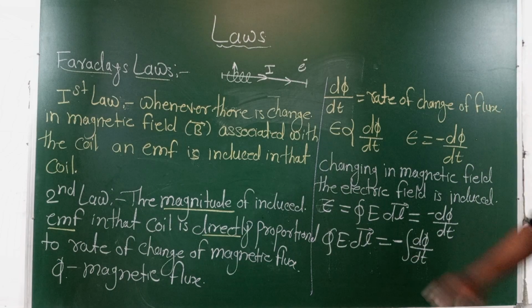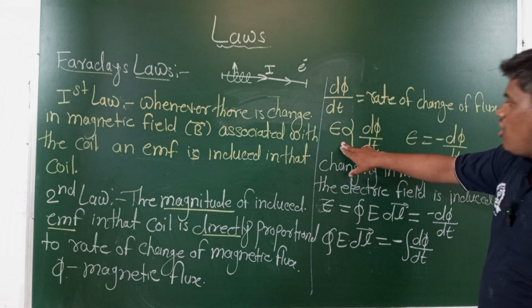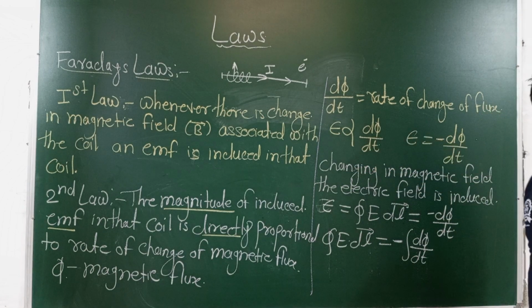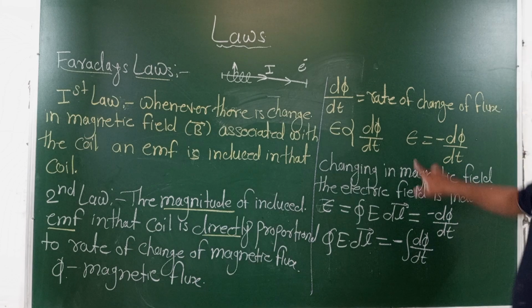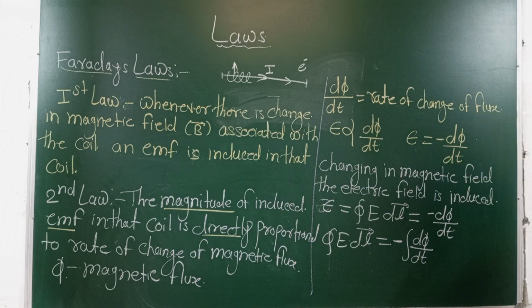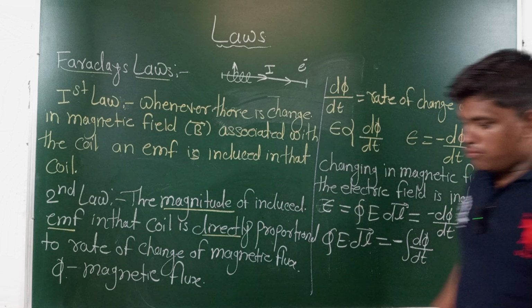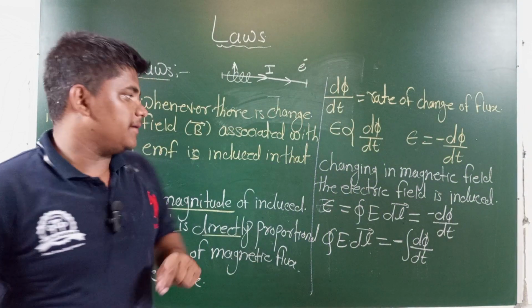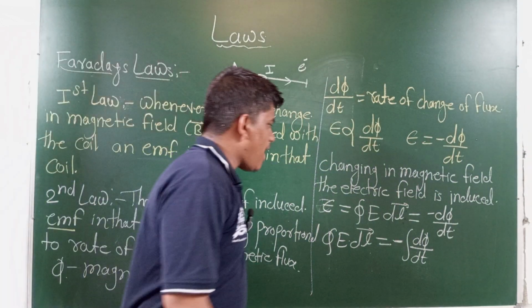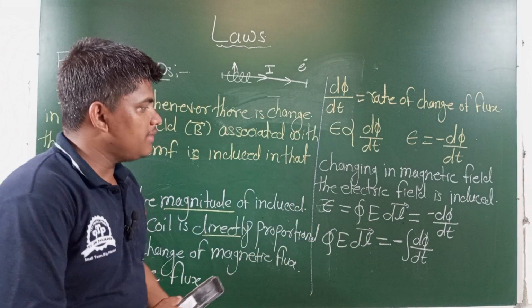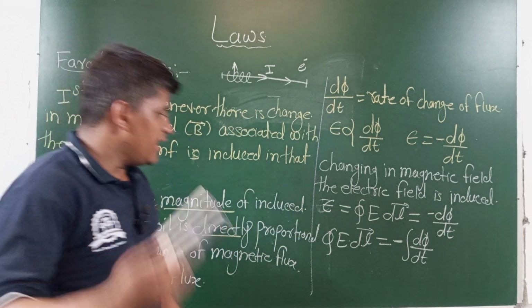According to Faraday's second law, epsilon is directly proportional to dφ/dt. We take a negative sign for the proportionality constant, that is epsilon is equal to minus dφ/dt. When the magnetic field changes, the electric field will be induced.